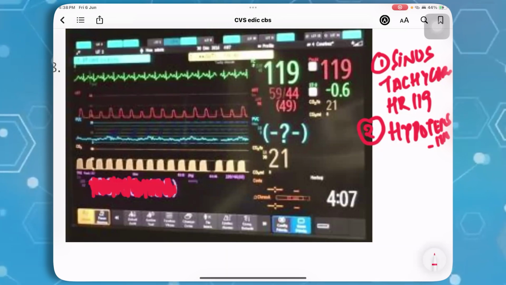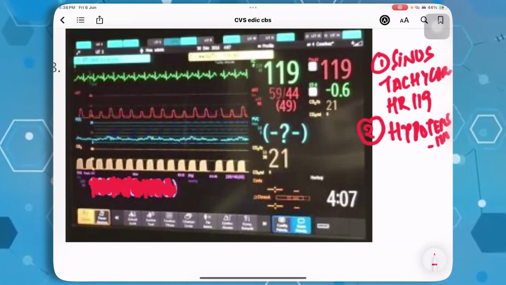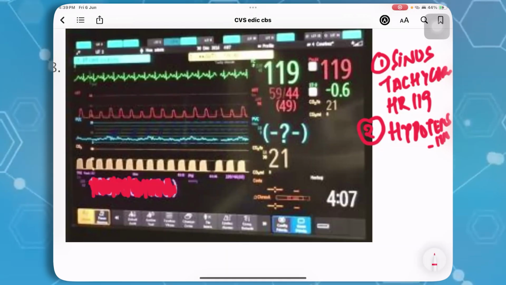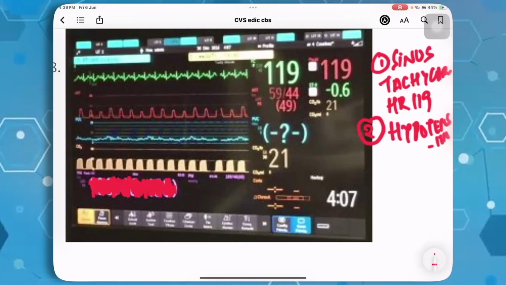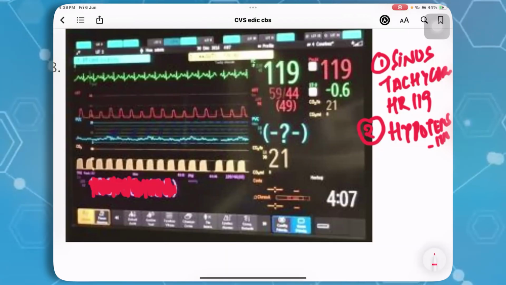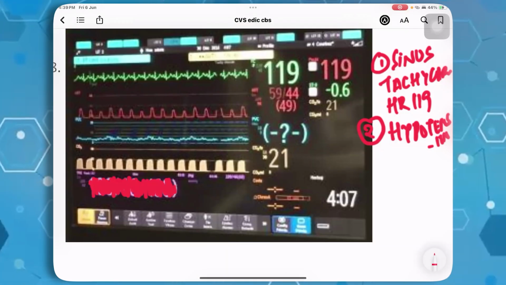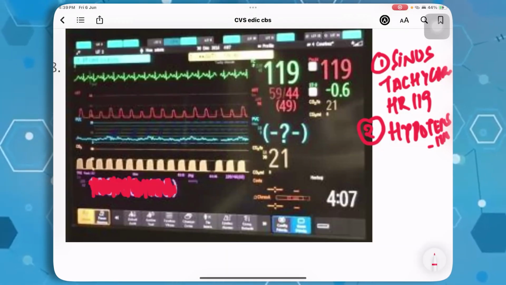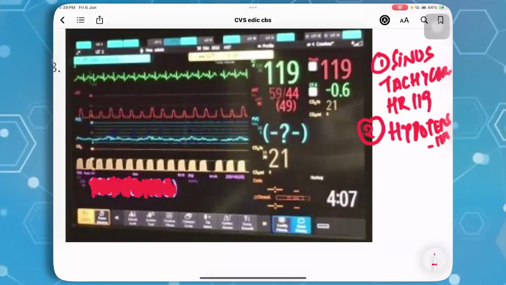So basically, shock is defined as hypoperfusion secondary to hypotension. So hypoperfusion is manifested as whatever you said just now: altered mentation, decreased urine output, cold clammy peripheries, tachypnea. These are hypoperfusion. So there is hypotension.